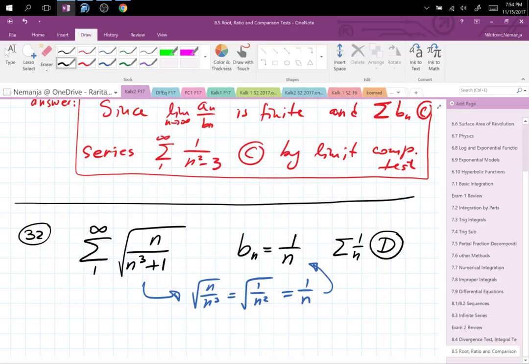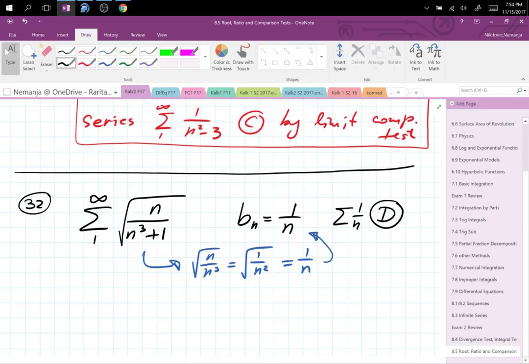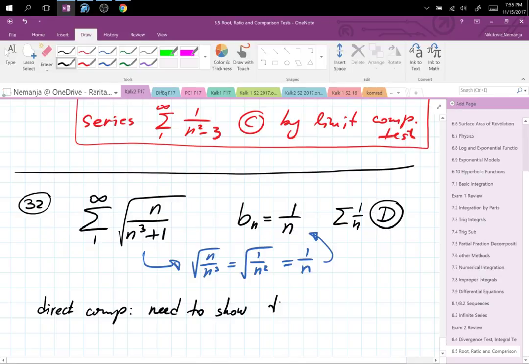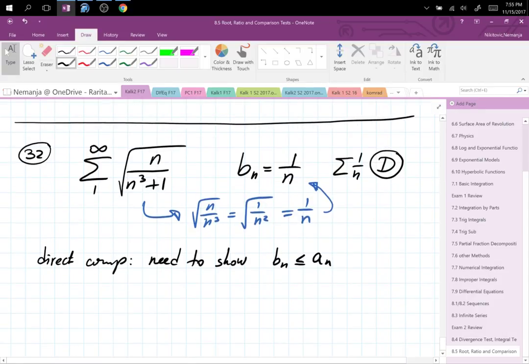Good. We are looking for divergence, right? If we are looking for divergence, we need Bn to be smaller than An for direct comparison. Direct comparison needs to show Bn less than An for all n. Okay, 1 over n needs to be smaller, question mark, than the square root of n over n cubed plus 1.